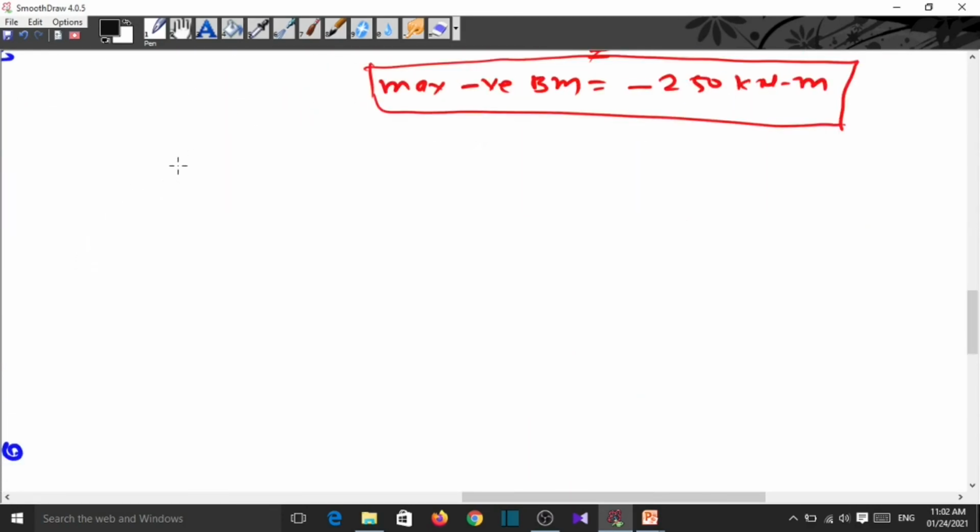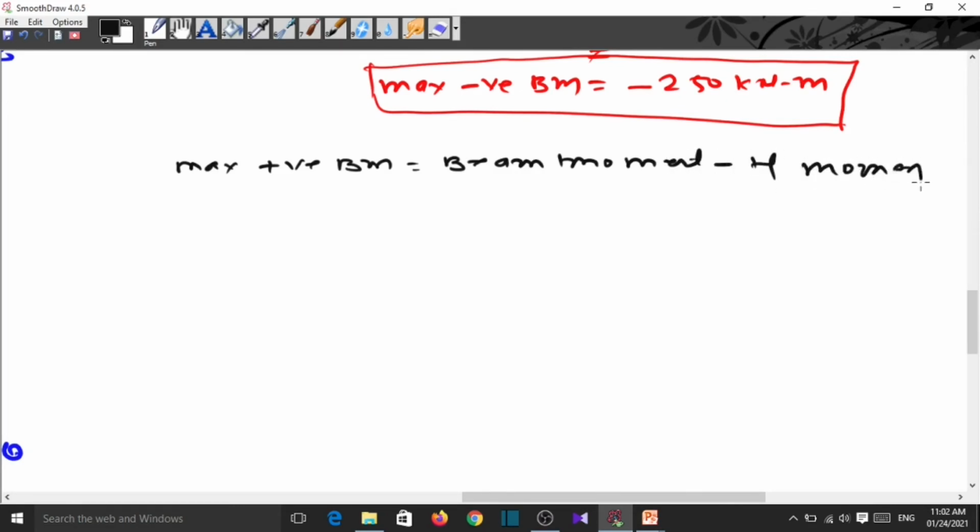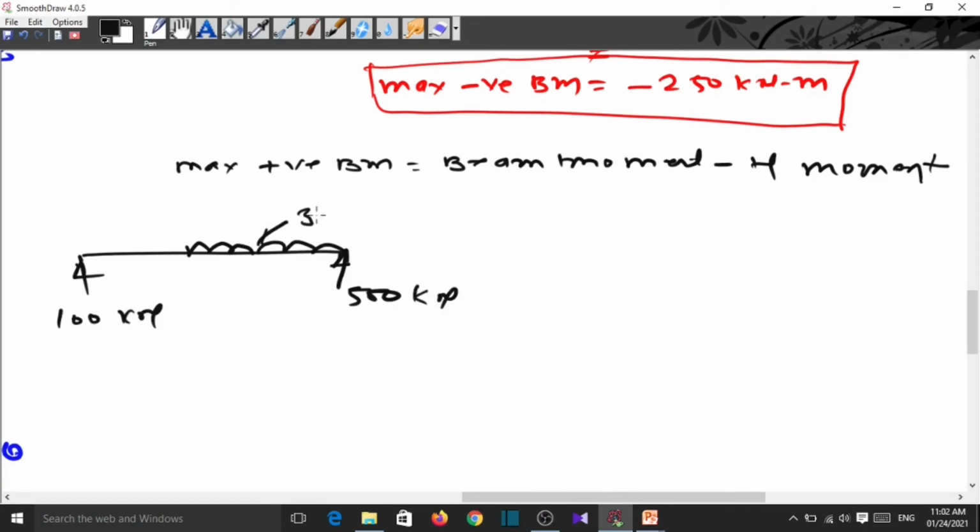So the maximum positive bending moment is again the beam moment minus the H moment. We know the beam is like this, the span, this is 500, this is 100, this is 30.